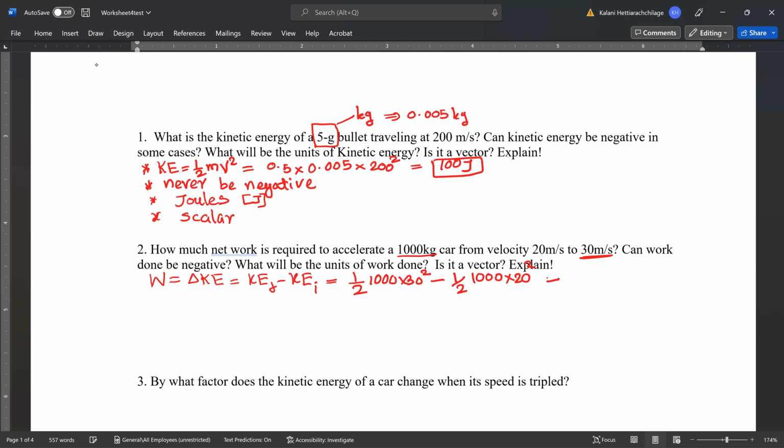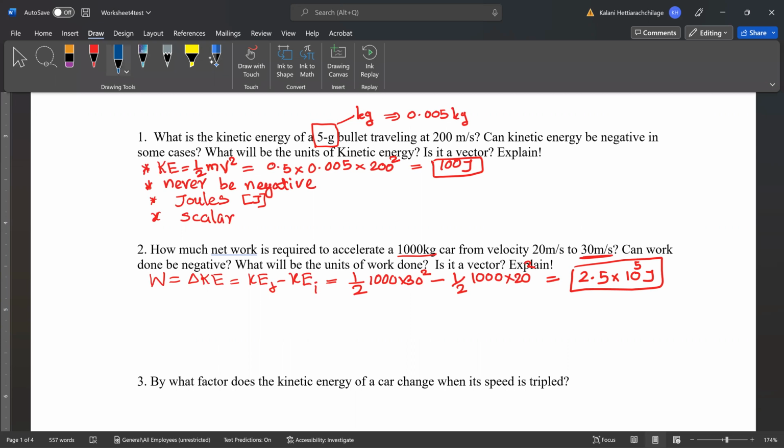So you can plug it into the calculator, and if you have any problem with the answer, let me know. 2.5 times 10 to the power 5 joules. I write it in scientific notation.